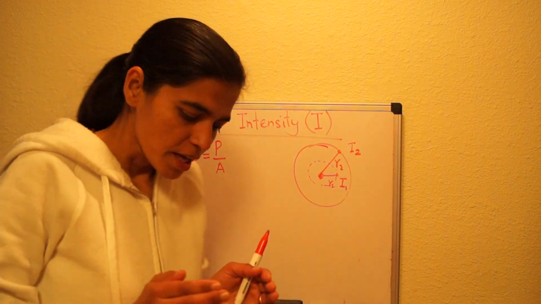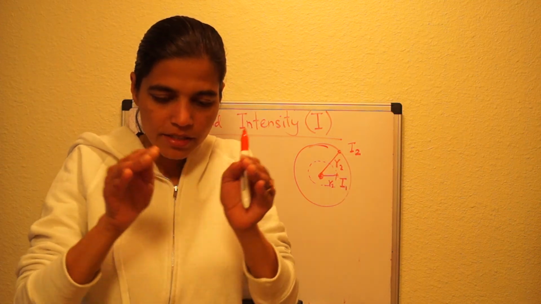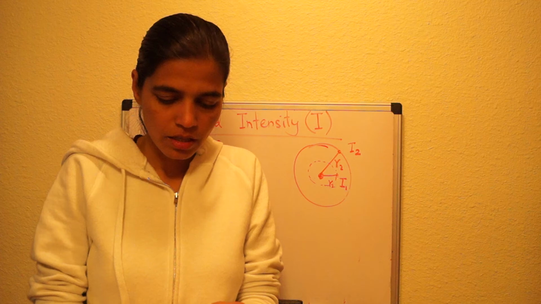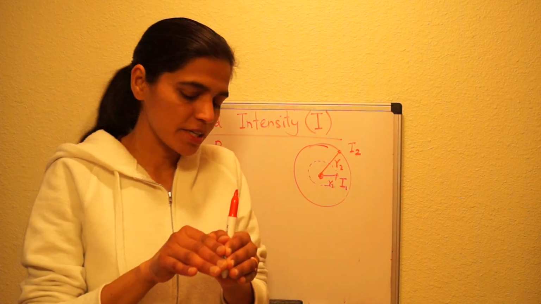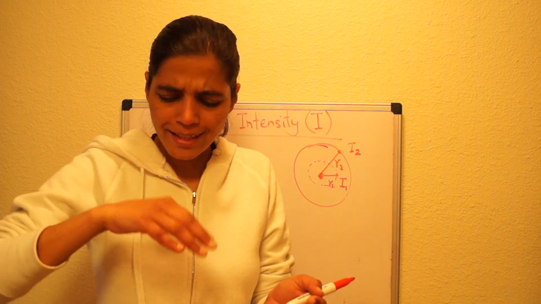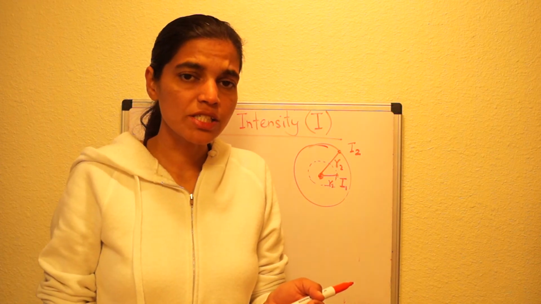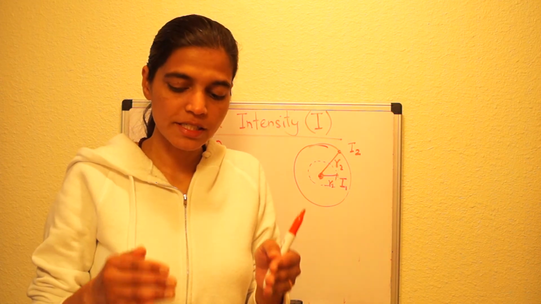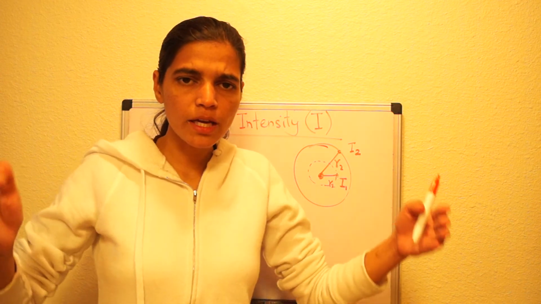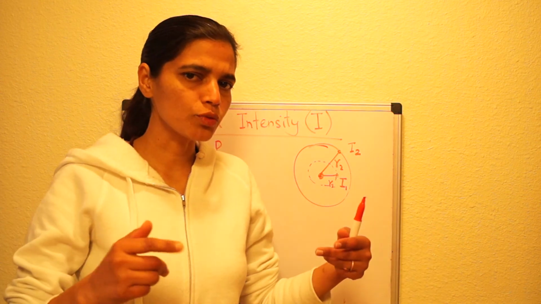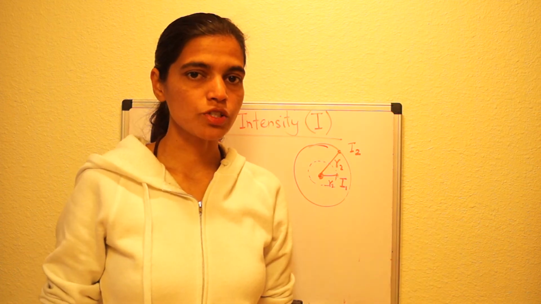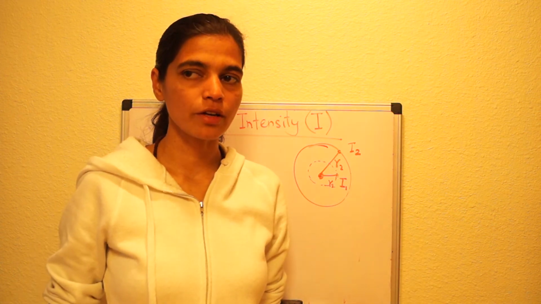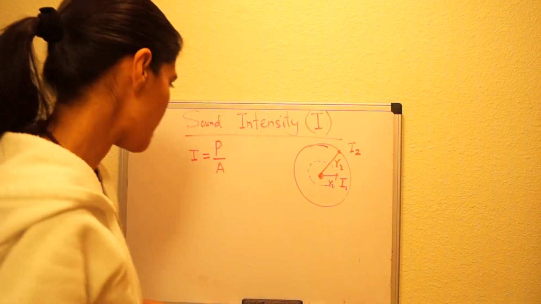Imagine this is a sphere of radius R1. At that boundary the intensity is I1. But if I make a bigger sphere, the intensity is I2, which means the intensity on the surface of the bigger sphere should be smaller, right?